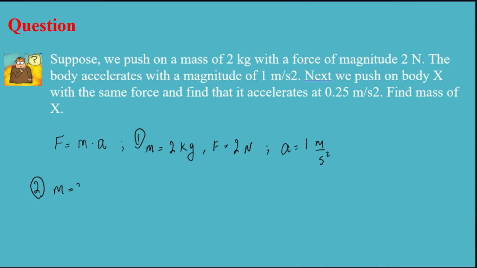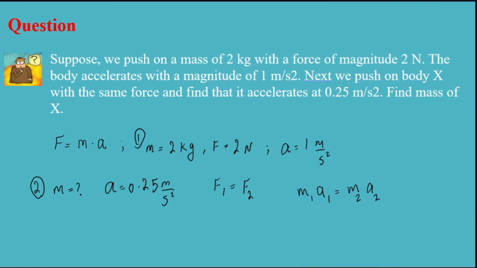I need to find the mass. Acceleration is 0.25 meter per second squared, right? It is also mentioned that F1 is equal to F2, right? So my F1, m1 a1, is equal to m2 a2, correct?